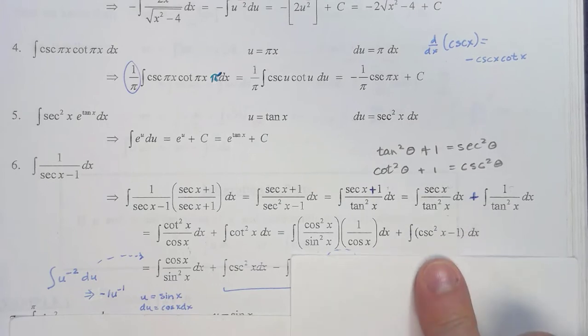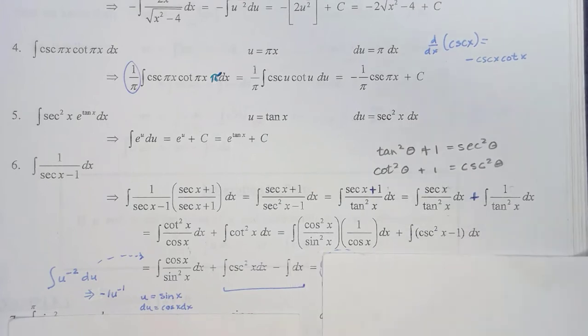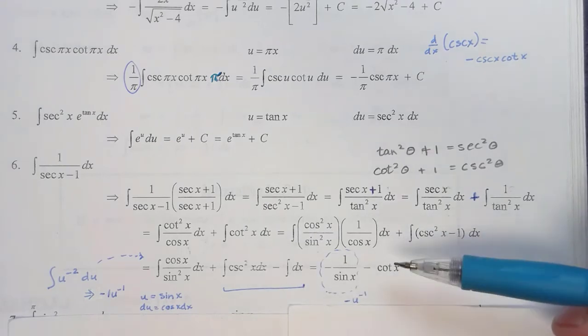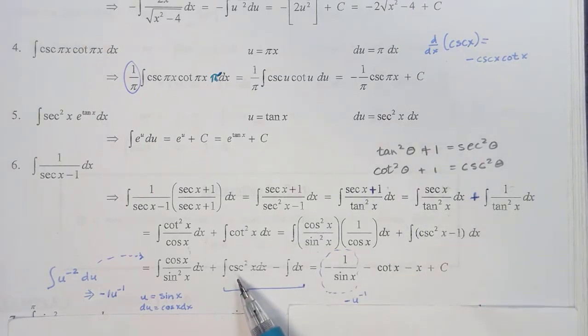Now let's look at the next one. Cosecant squared minus 1 can become two separate integrals again. And what do I know about cosecant squared? Well, let's see. The derivative of tangent is secant squared. The derivative of cotangent is negative cosecant squared. So cosecant squared anti-differentiates to negative cotangent.